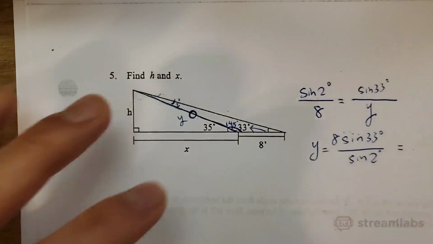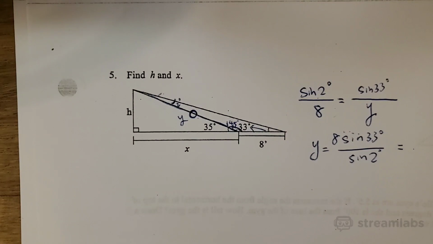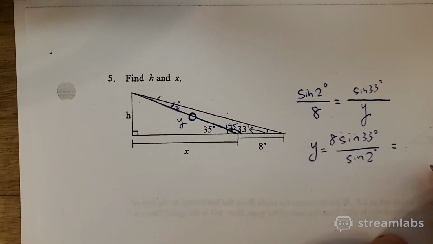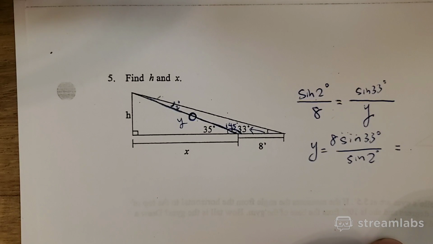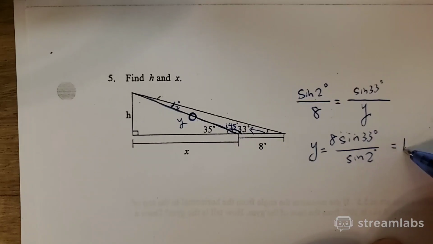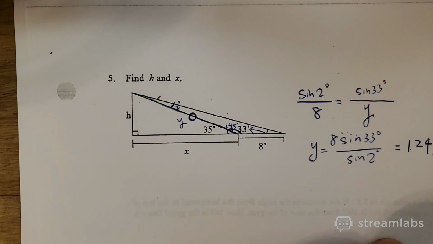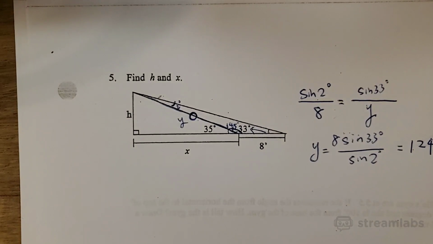So then together we're gonna get 8 times sine 33 over sine 2, which is 124. Let me see. So 124.85 feet. I keep saying inch, but it's feet.